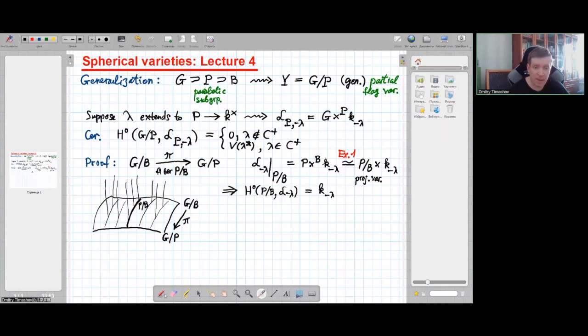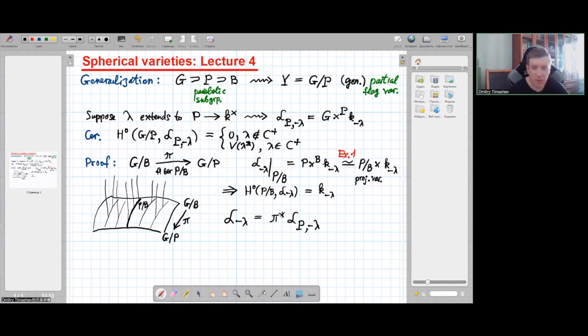What does it mean? This means that not only is the line bundle L sub minus lambda the pullback of the line bundle L sub P comma minus lambda. This is obvious, because what is the pullback?